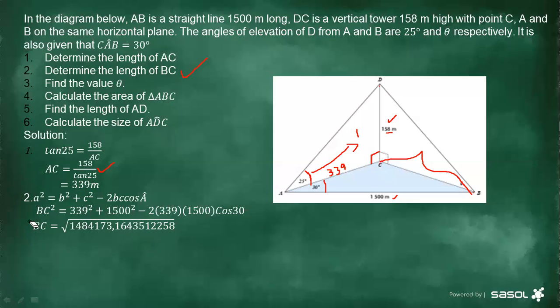Then you put the square root on both sides to get rid of the exponent 2, because we are calculating BC, not BC squared. Then you press your calculator, and the answer is 1,218 meters. That is the length of BC.